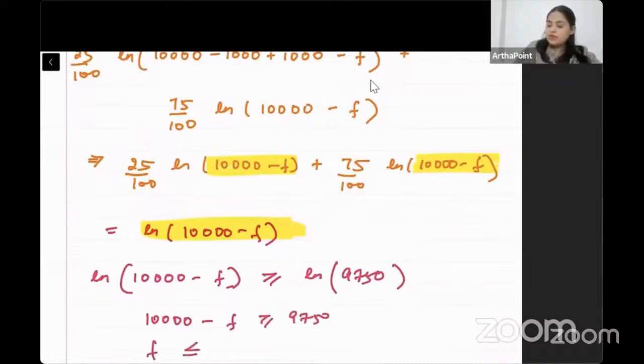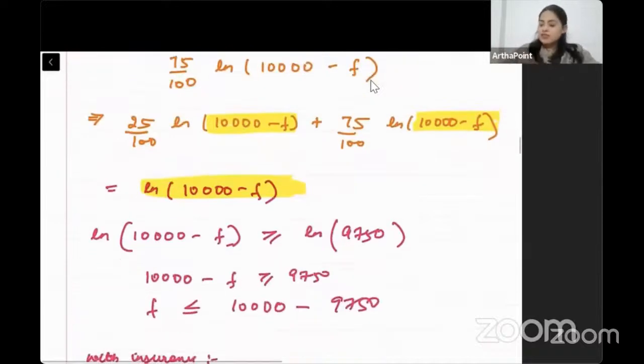So F will be at most 10,000 minus 9750, so the maximum value that you can get here will be 250. Try to see things. The aim is to understand the value of your premium. What is the maximum premium you are willing to pay such that your expected utility under the two situations is equal? We just want to find that value.